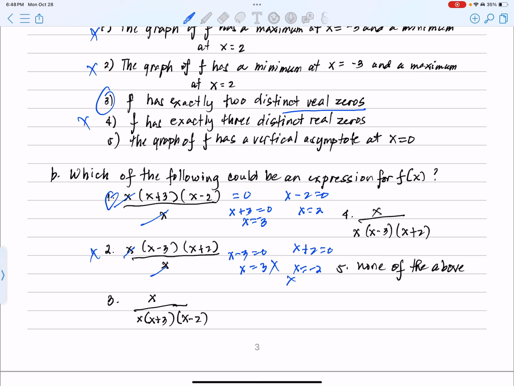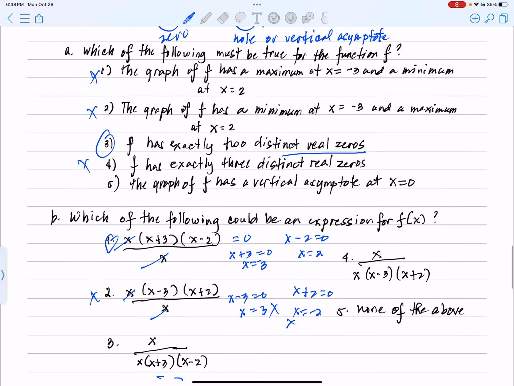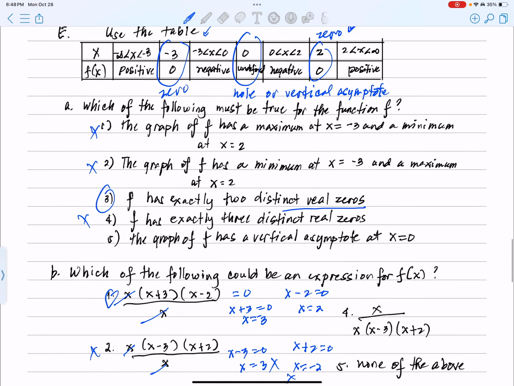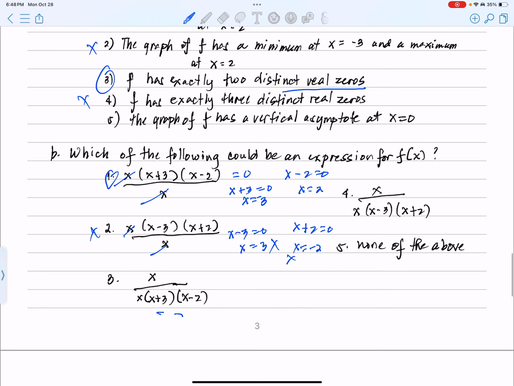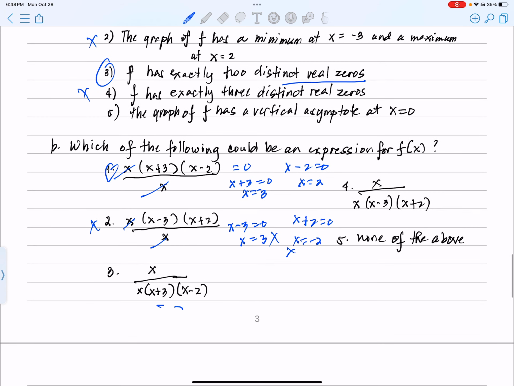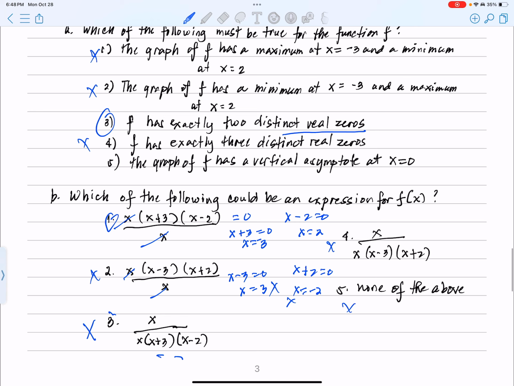This tells us about the vertical asymptote or a hole, and it's not with x plus 3 and x minus 2. The others have it in the denominator, for 3 and 4 as well as 5. We found our answer in number 1.